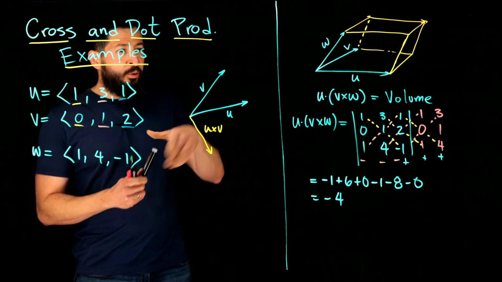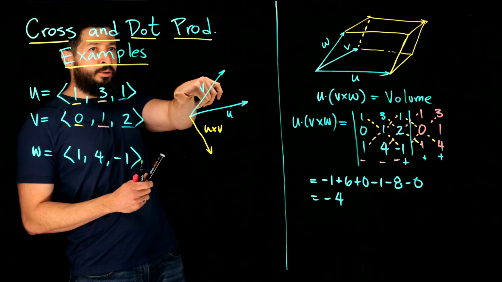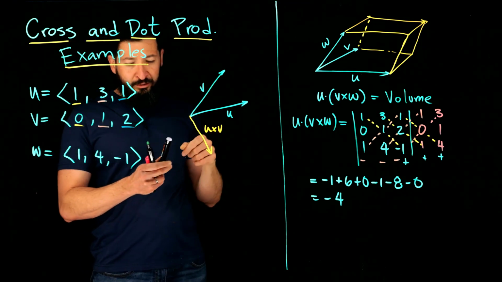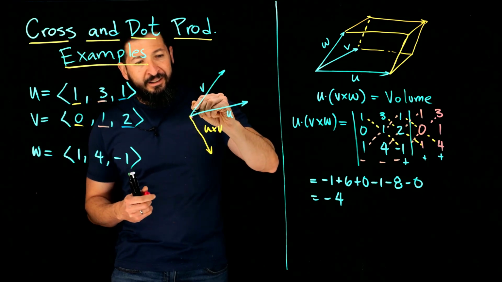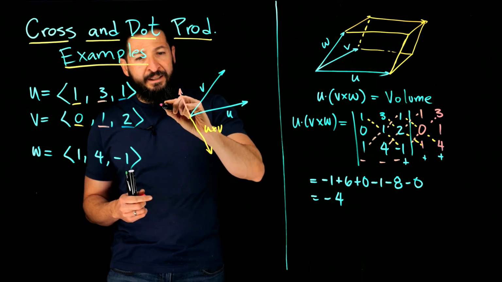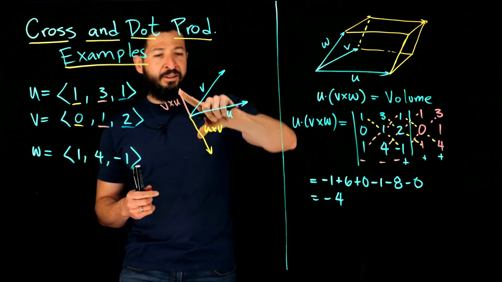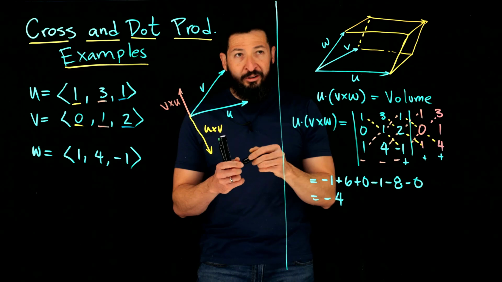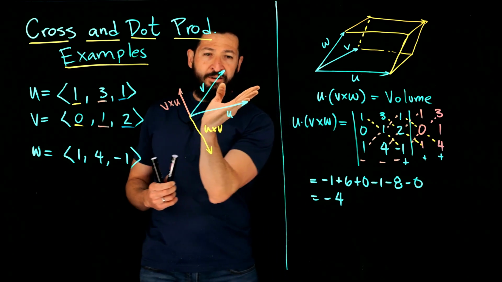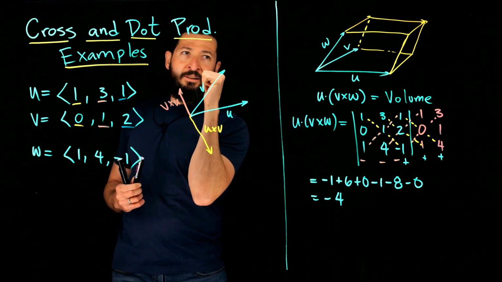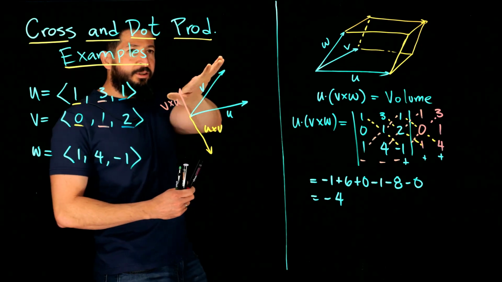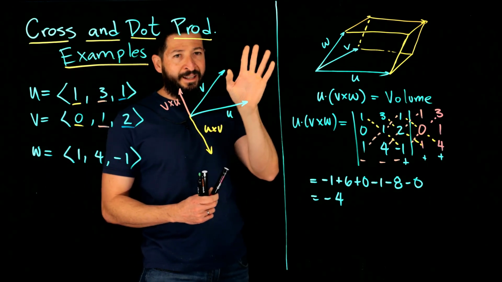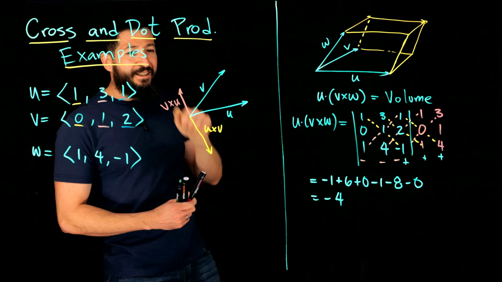But now if you do v cross u, it's going to be pointing in that direction towards u. So in this opposite direction, you're going to have v cross u. And that's why they're negatives of each other, because they're telling you also a direction. So u cross v follows the direction of your thumb. V cross u, and you have to do this with the right hand, v cross u points out.